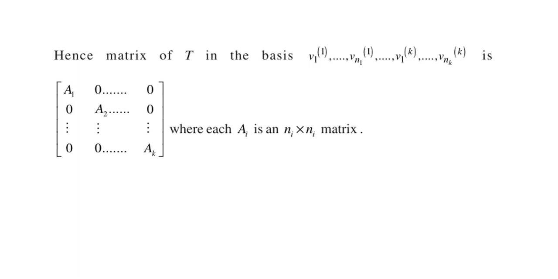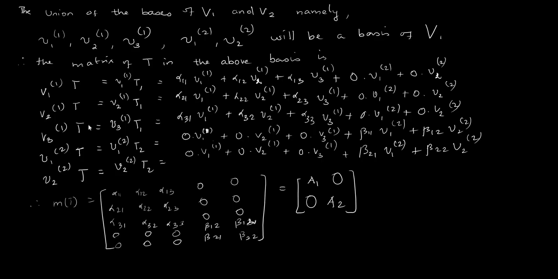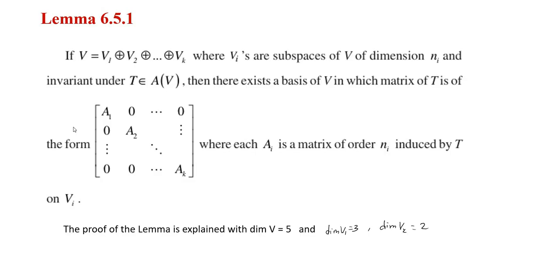So this is the proof of this lemma, and that is very important in the basic theorems in all the three sections, Jordan form, rational canonical form, and nilpotent form. This lemma is very, very important, so that must be mentioned.